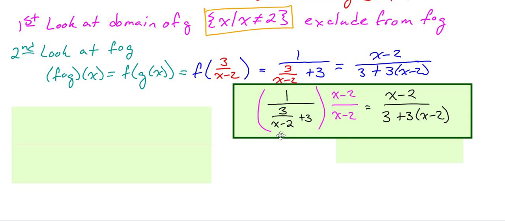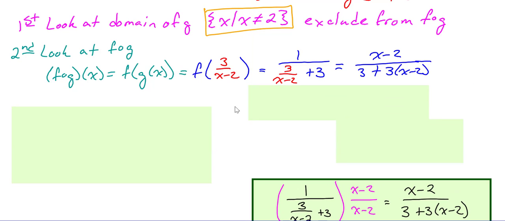So that'll cancel out the x minus 2 on the first fraction, and we end up with 3 plus 3 times x minus 2 on the bottom of our equation, as you can see up at the top. And then we continue on from there.